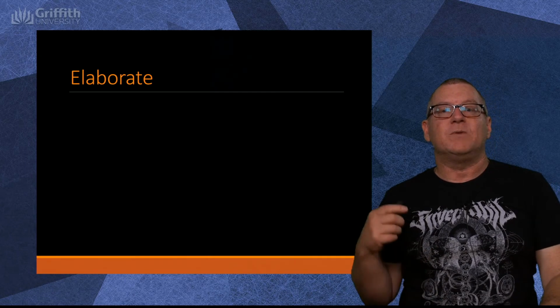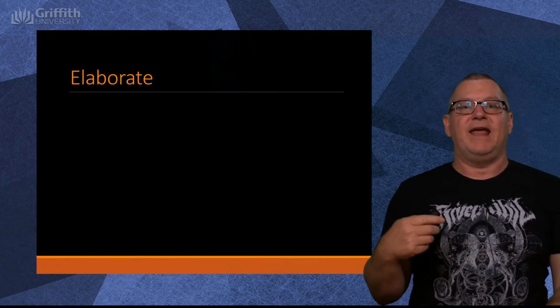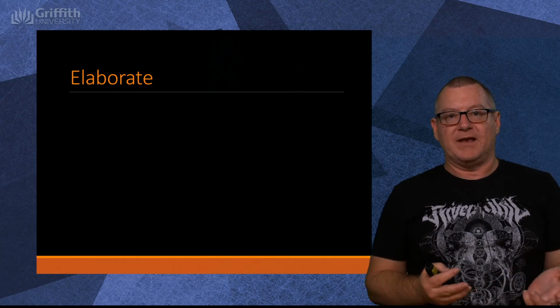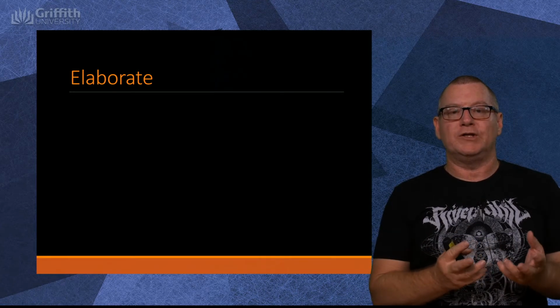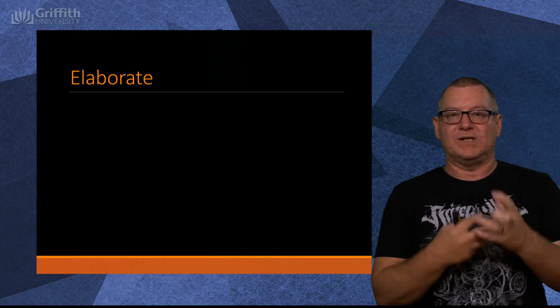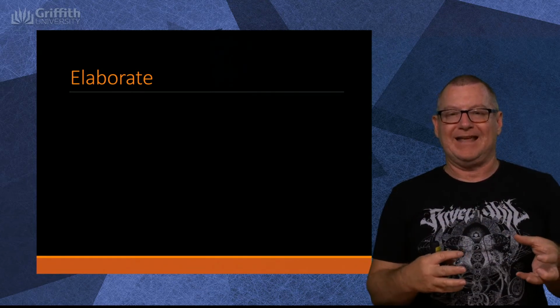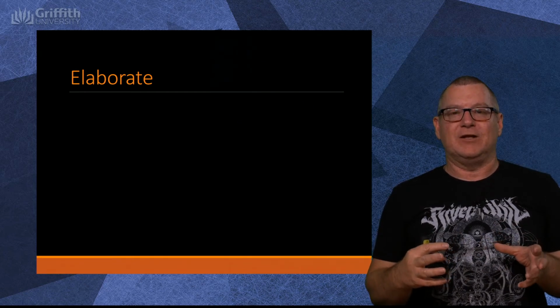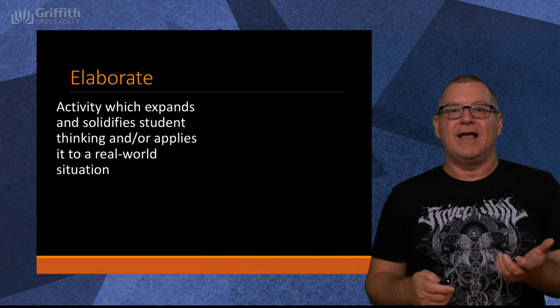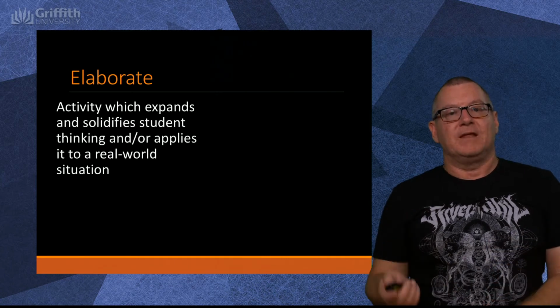The elaborate phase, once they've got an understanding, then they want to make it richer. The difference between a novice and an expert understanding is not that there's more knowledge, it's that the knowledge is more well elaborated. There's more detail, there's more sophistication and nuance and complexity. So elaborating their knowledge means adding extra detail, making it clearer and more precise.